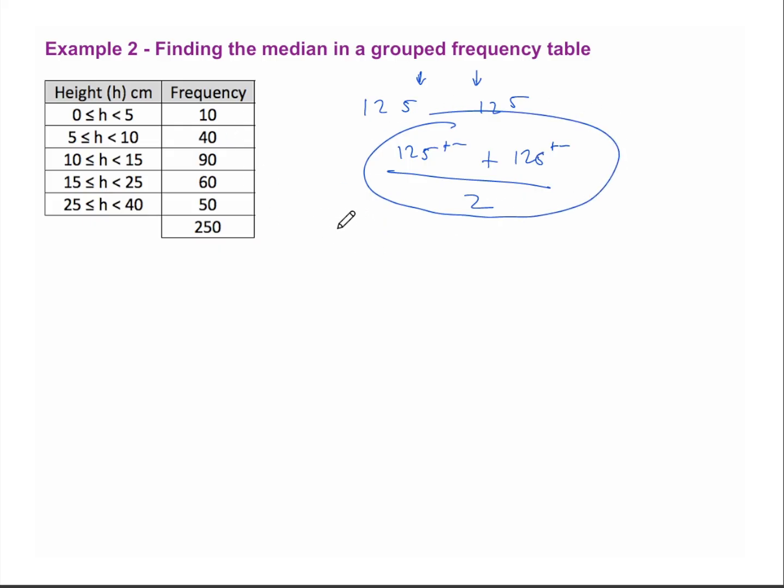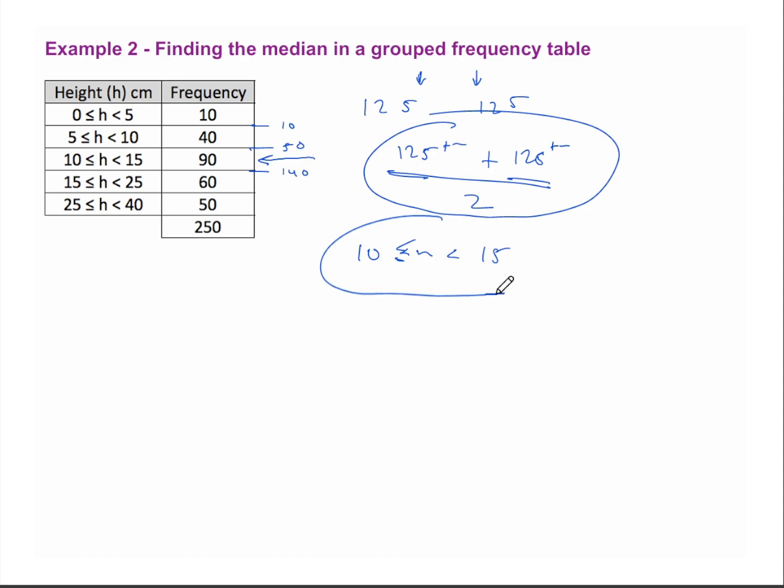In this case, where do those 125th and 126th data points fall? The first 10 fall before 5. The next 40 fall between 5 and 10. So up to now we have 50. The next 90 brings us up to 140, which means that our 125th and 126th come in this class, which is a class of 10 up to 15.